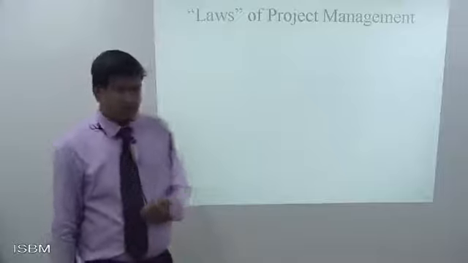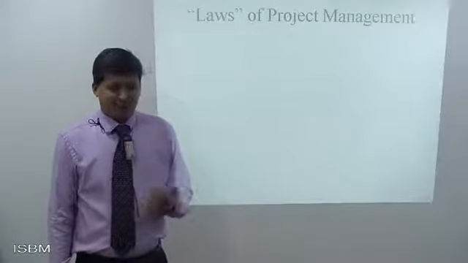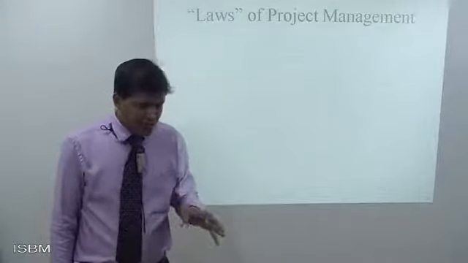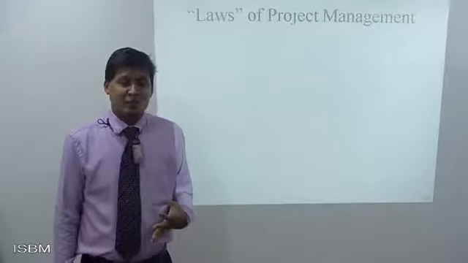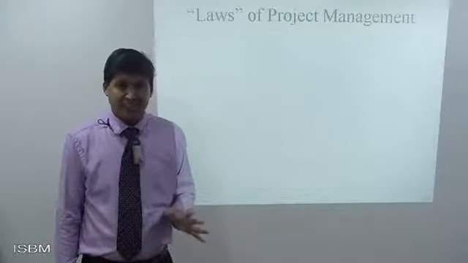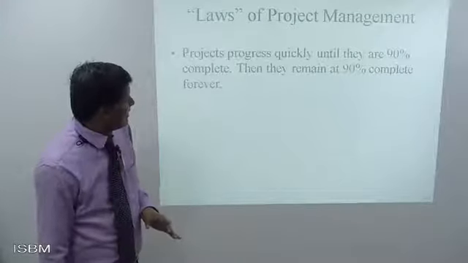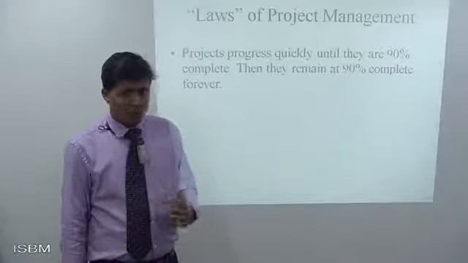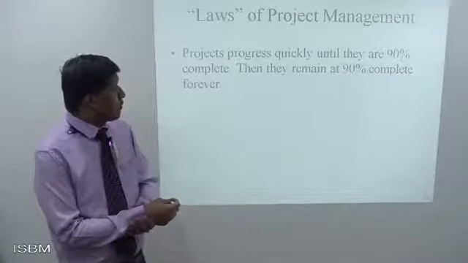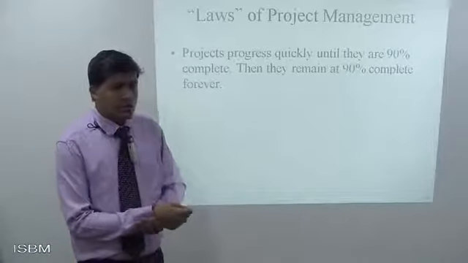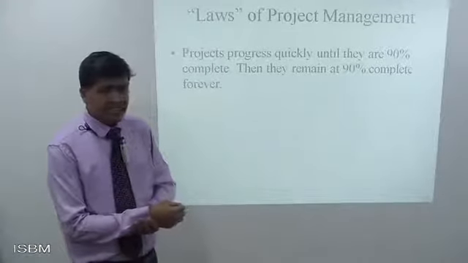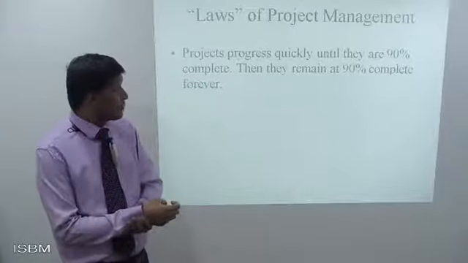Laws of project management. Now, we have been looking into certain dimensions of project management, but there are a few laws that are pretty interesting as well. One: projects progress quickly until they are 90% complete.